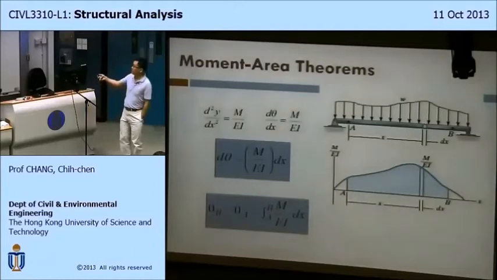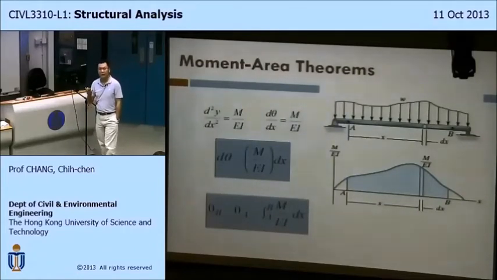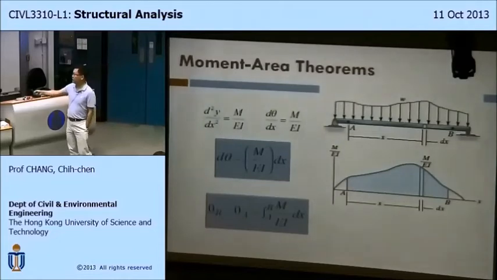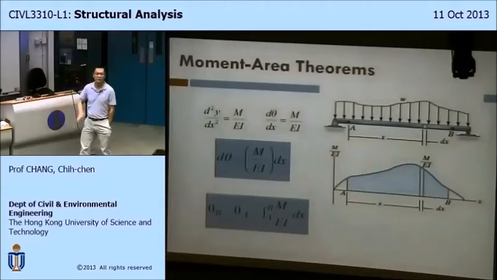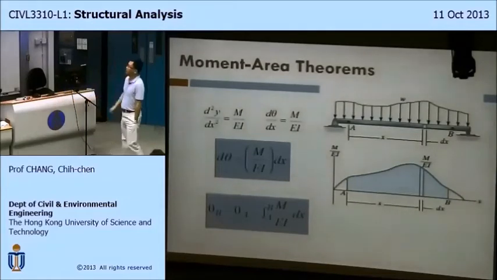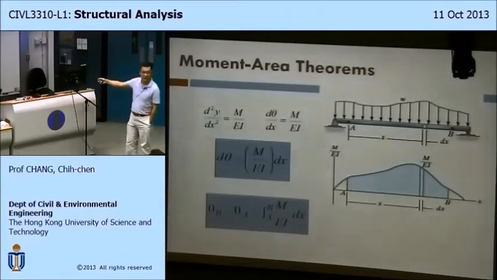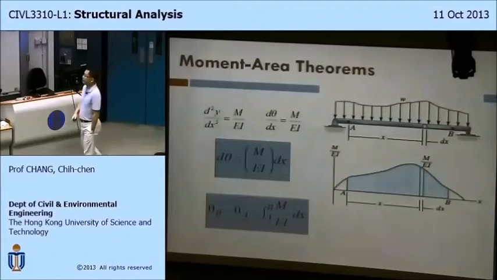Okay, by itself it's hard to use, because if you want to find the rotation angle at B, you need to know the rotation angle at A, right? Looking at the equation, it seems a little bit hard to use. But if you know the rotation angle at A, you can always go from A to B through this formula.